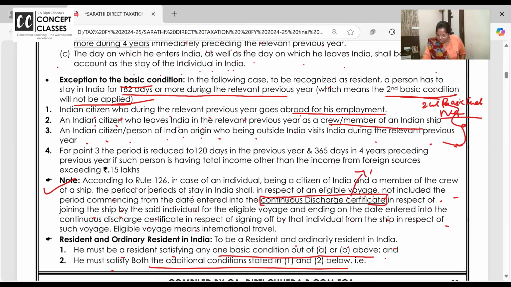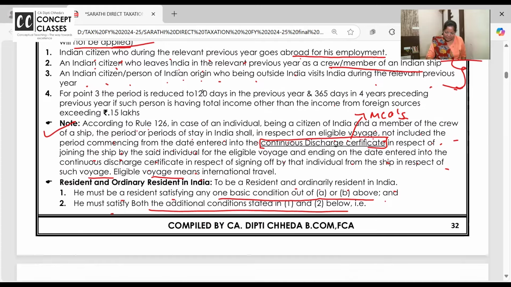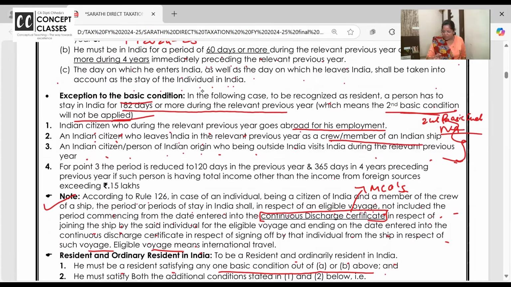And make an arrow mark and write this, as MCQs ask how the attendance of a crew member is taken. Whenever they go for an eligible voyage, it is called international travel. Otherwise, someone traveling by waterways from Kolkata to Varanasi to Vizag to Goa, that is not what we are talking about.